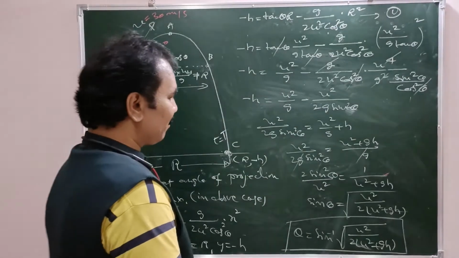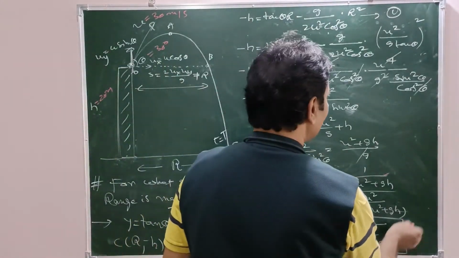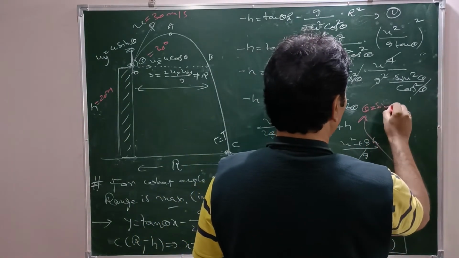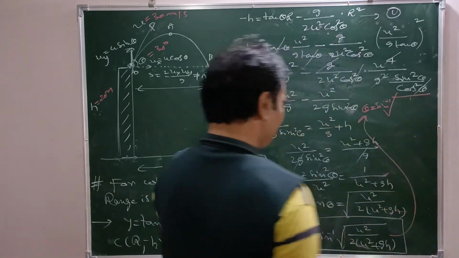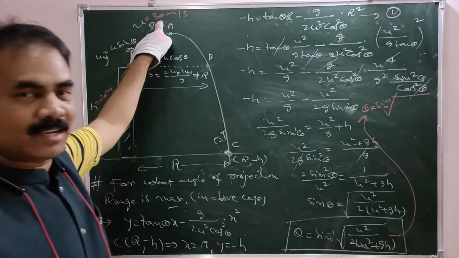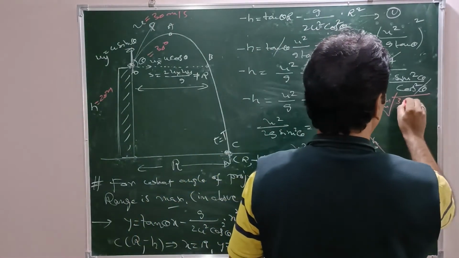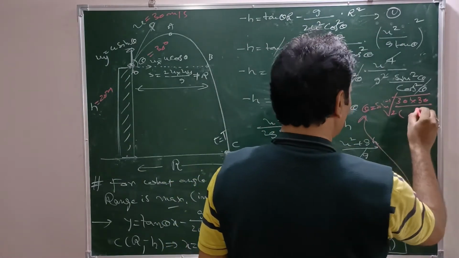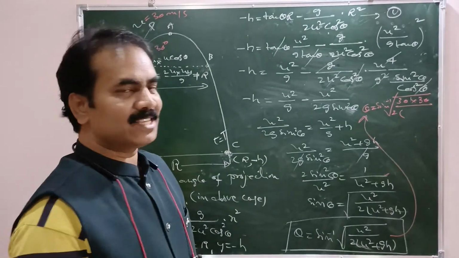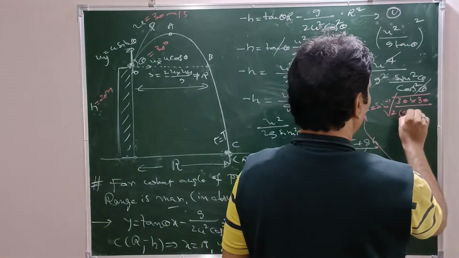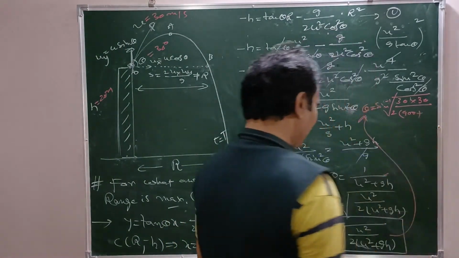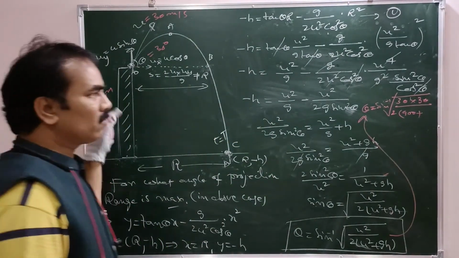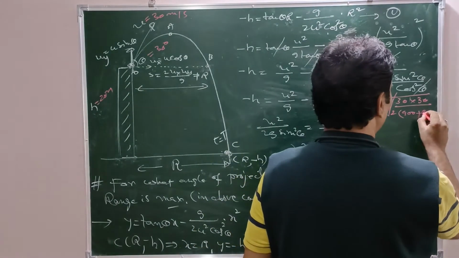Theta equals sin inverse root over u square, u square means 30 into 30, divided by 2 into u square, again 30 into 30, that is 900, plus gh. What is h? 20. g means 10. 10 into 20 is 200.